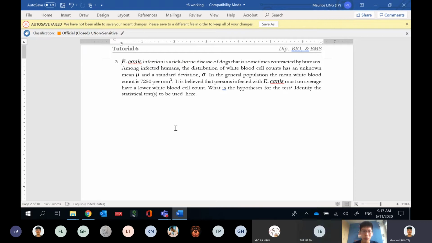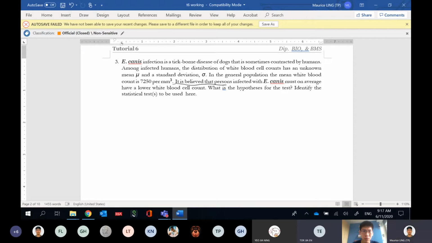Okay, from this tutorial onwards, it's actually tougher because you have many tests you can use already. Is this similar to the question last week? Wait, so there's only one sample and the sample is to test whether those infected with E. canis have lower white blood cell count, is it?